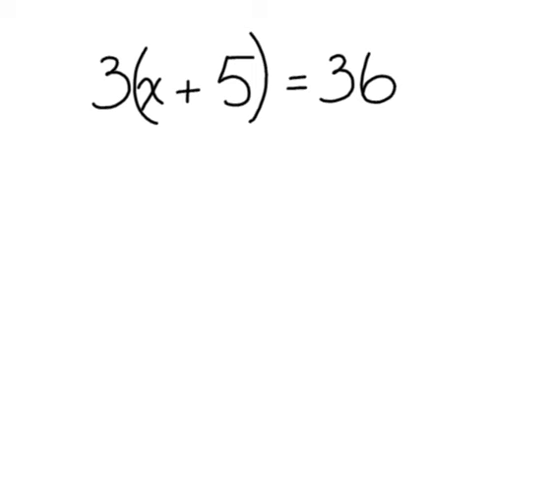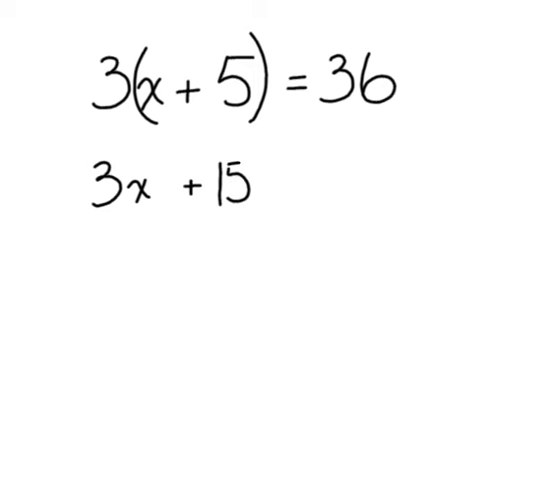The first thing you do is distribute your multiplication. You multiply 3 times x, which gives you 3x, and 3 times 5, which gives you positive 15.